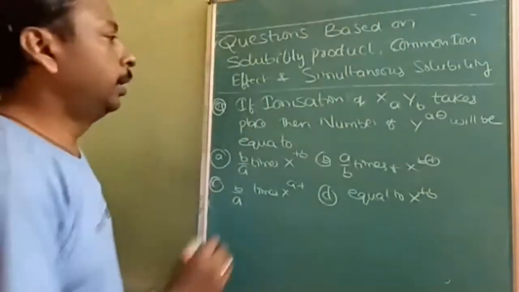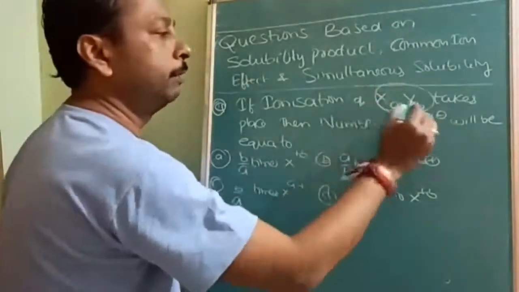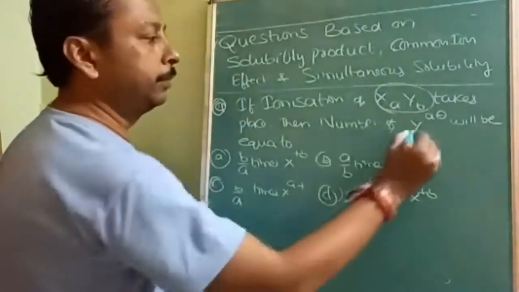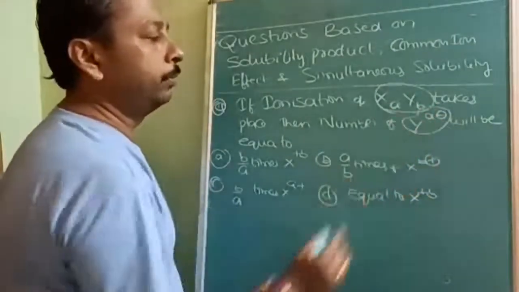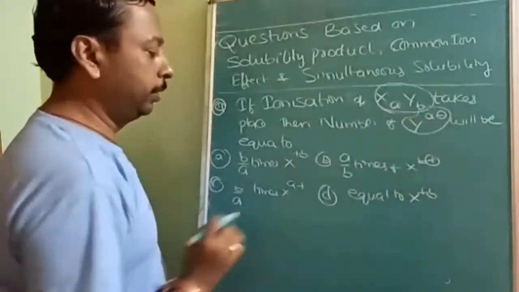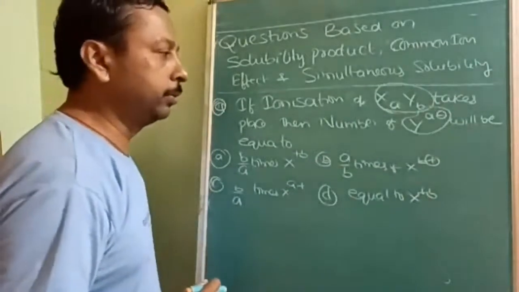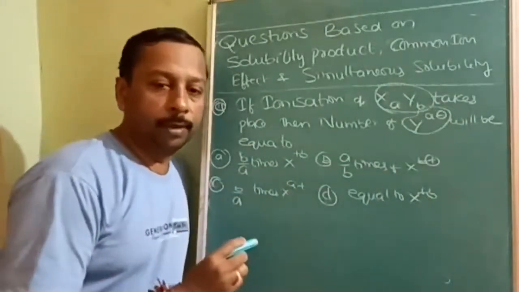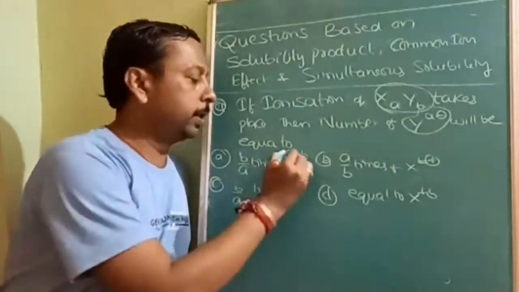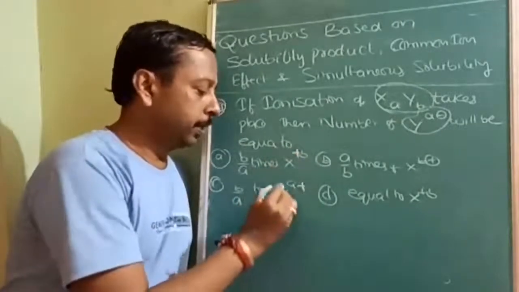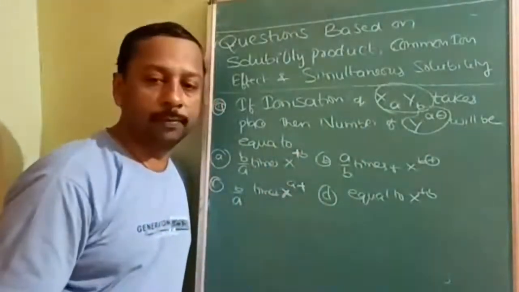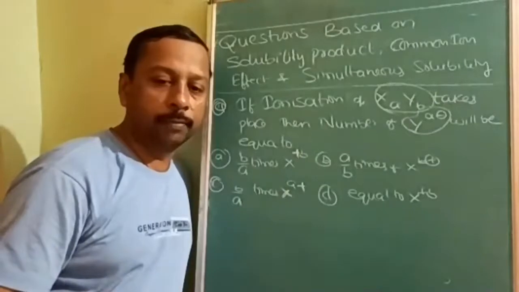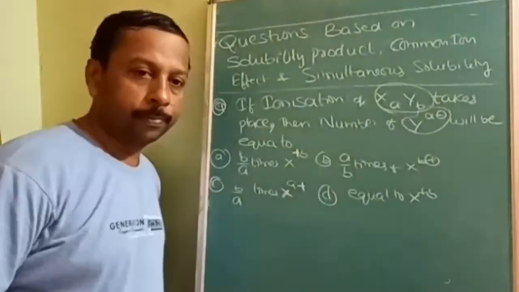Okay. Here ionization of XaYb is taking place. Then the number of Yb minus, with respect to X, you have to find out. So everywhere you have to be very careful with the charge, with the element, with the number, everywhere.